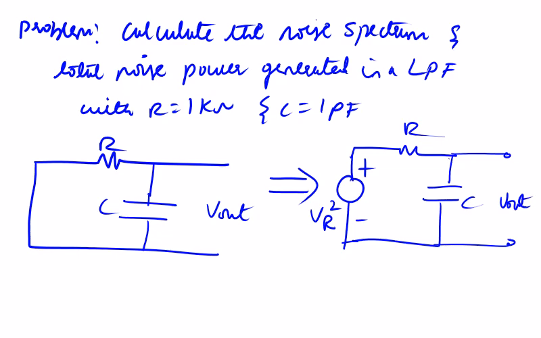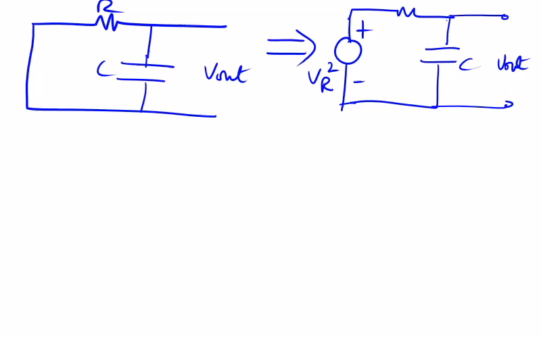So, modeling the noise of R by a series voltage source VR, we compute the transfer function from VR to Vout.